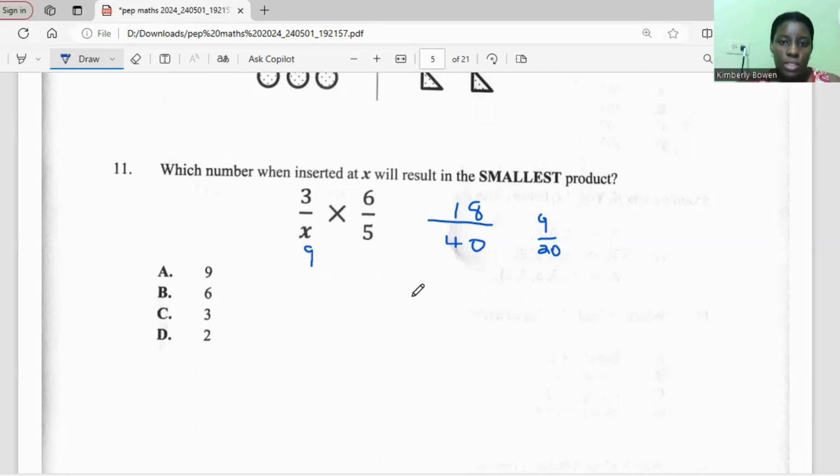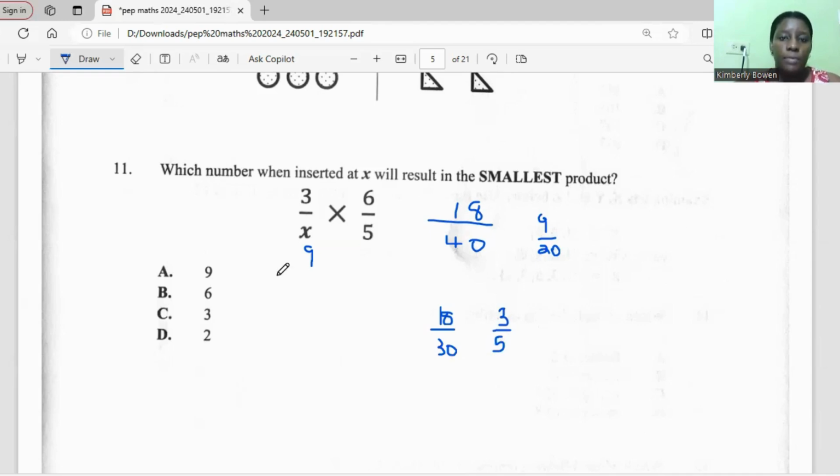Let's look at 6. The 18 over 30. And that's 3 over 5.